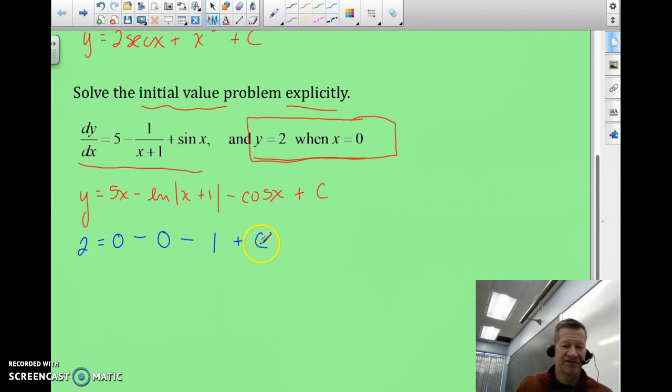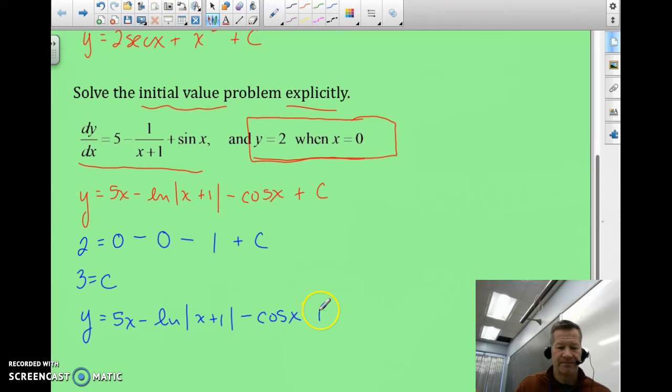So solving this for c, I have to add 1 to both sides, and I get a value of 3. So my final solution to the initial value problem is y equals 5x minus the natural log of the absolute value of x plus 1, minus cosine x plus 3. Now that I know that c is 3.